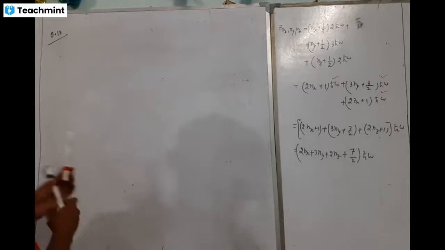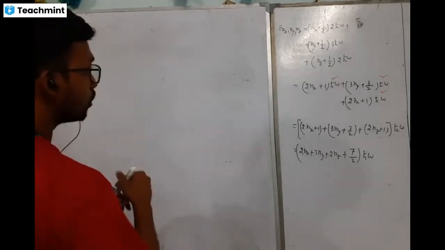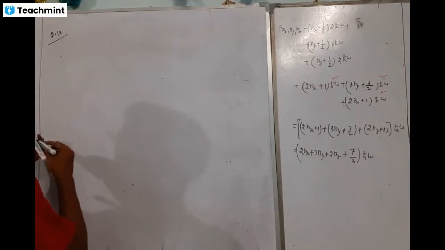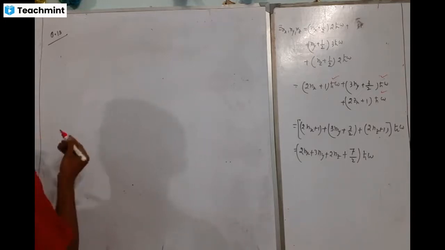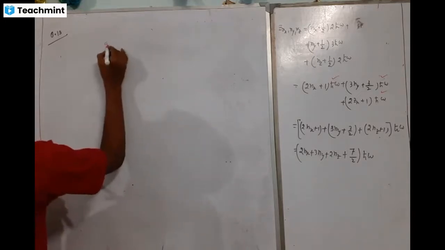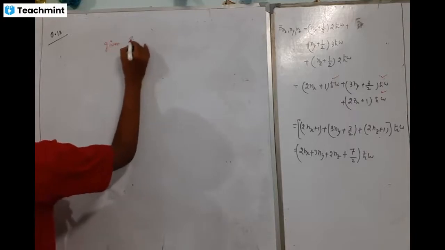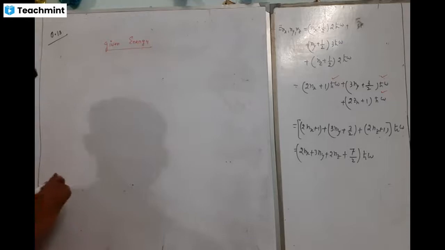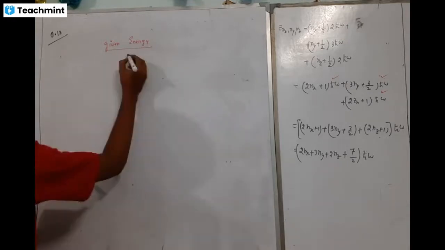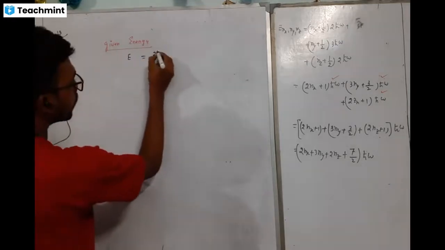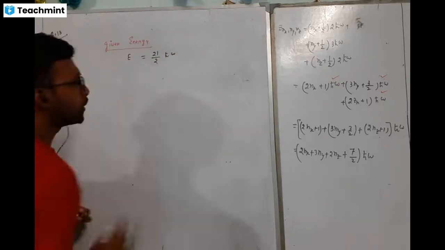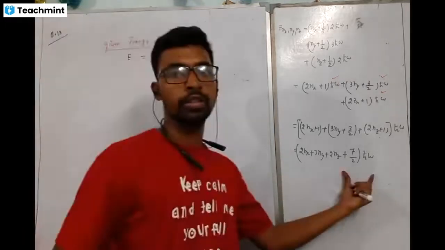The given energy is equal to 21 by 2 h cut omega, and this energy is equal to this energy value.